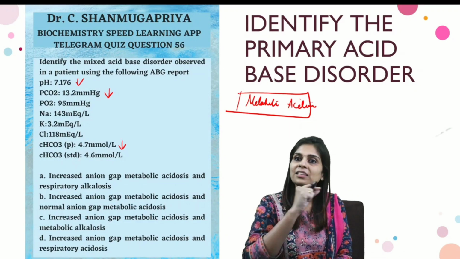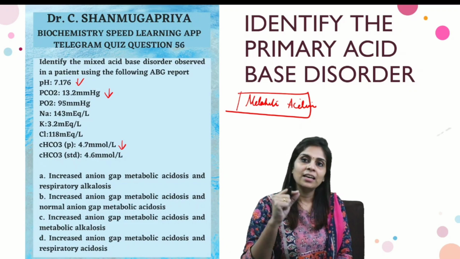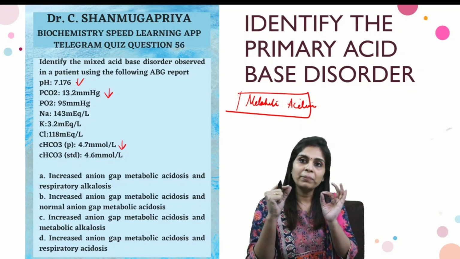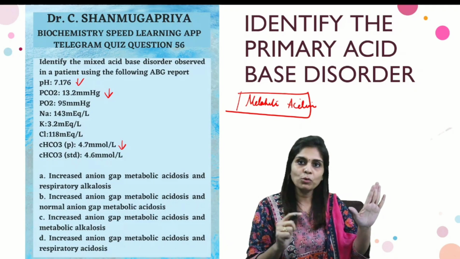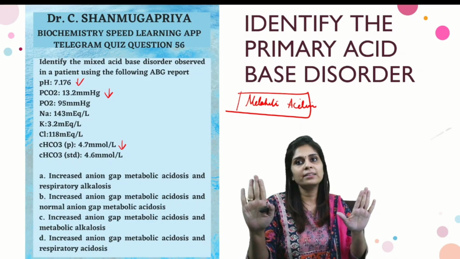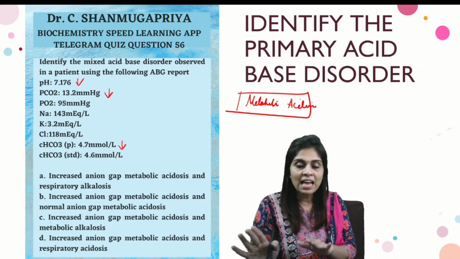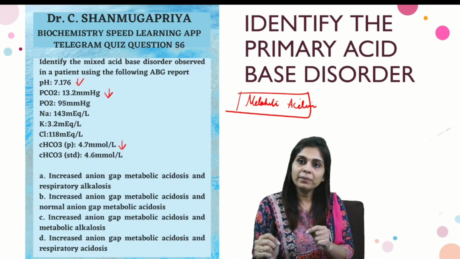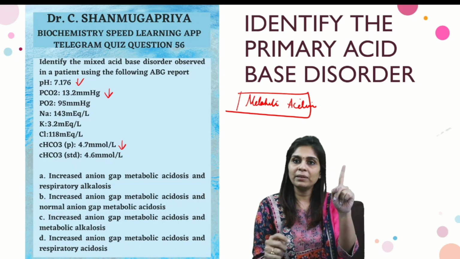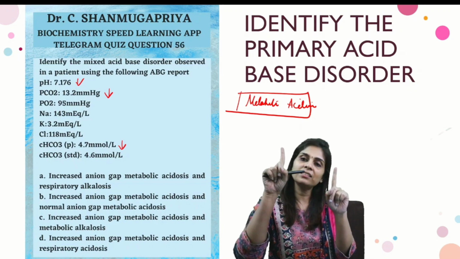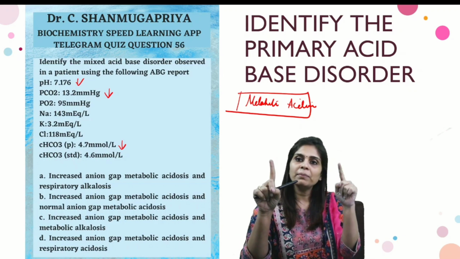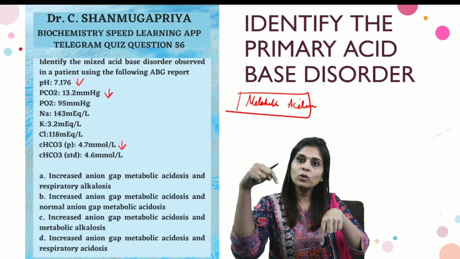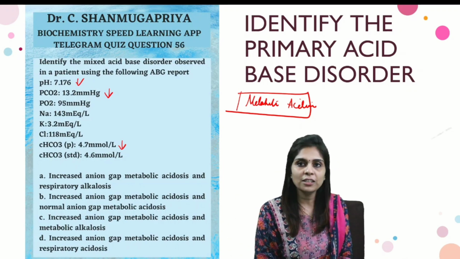I've already been telling you in all those 3 videos. Whenever there is a primary defect in the metabolic system, compensation will be done by the respiratory system and vice versa. And compensation will always be parallel. If the primary defect is an increase in bicarbonate, compensation will be an increase in PCO2. If the primary defect is a decrease in bicarbonate, compensation will be a decrease in PCO2.